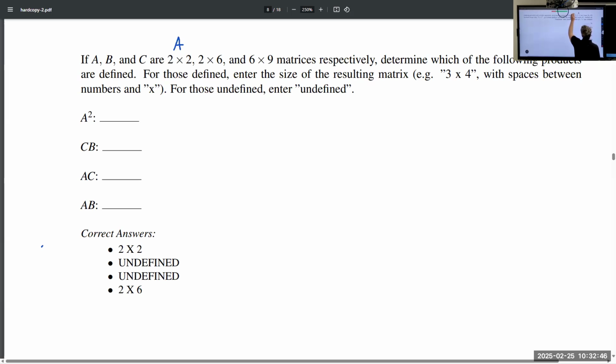So this is A, this is B, this is C. So A squared is 2 by 2. The inner dimensions are the same, so it will output the outer dimensions, and we get 2 by 2 again.